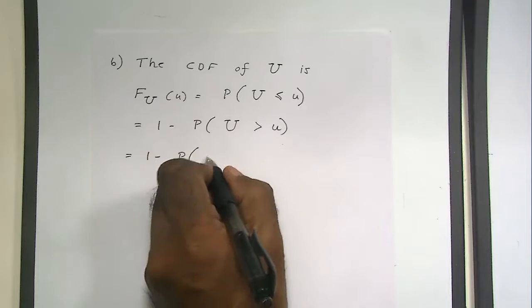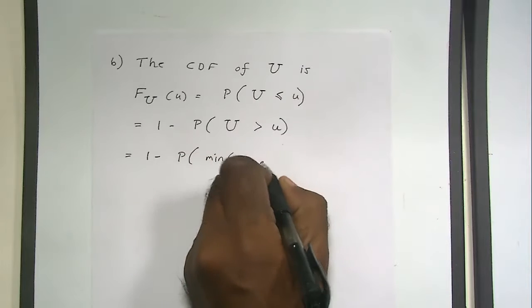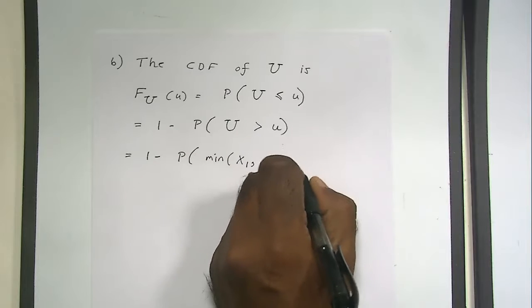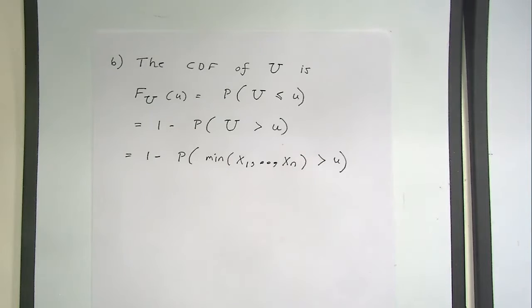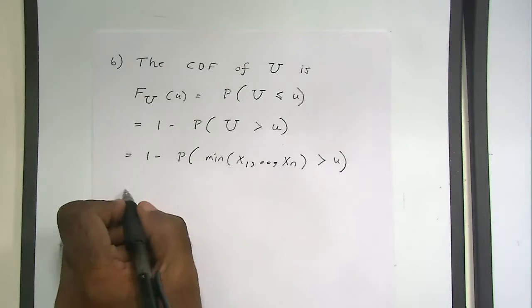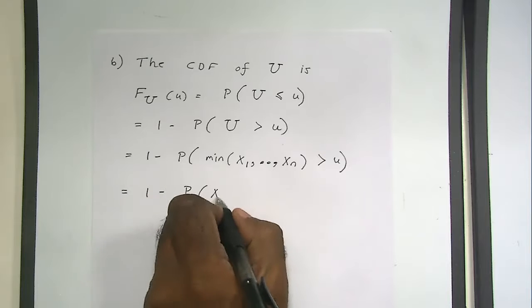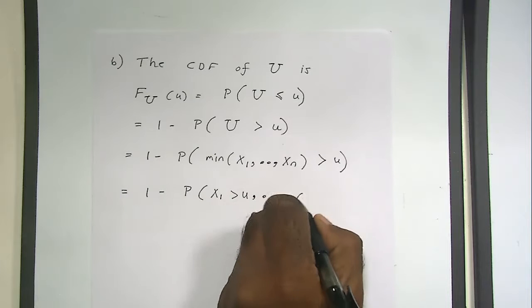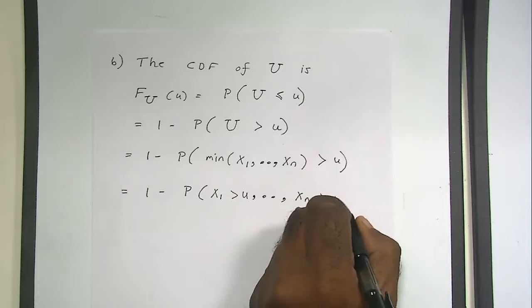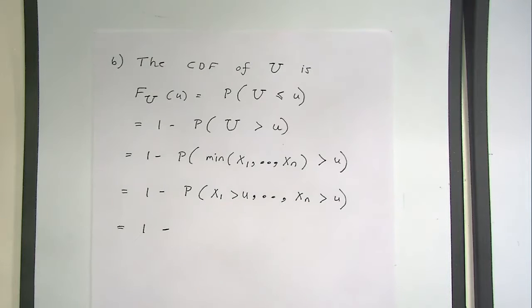And this you can write like this, okay? And this you can write as the probability that x1 is greater than u up to xn is greater than u. Now from what we did yesterday, what is this equal to?